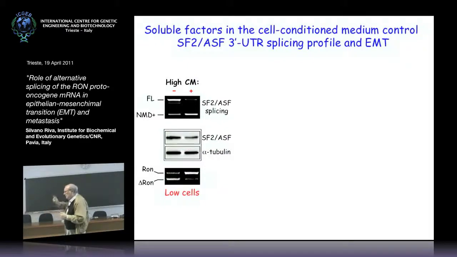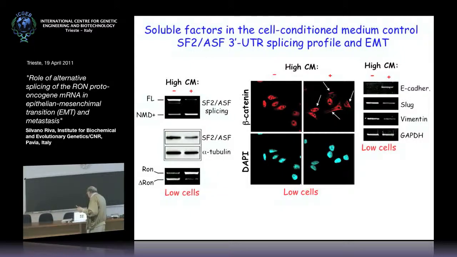That means that what causes the effect is something soluble that is present in the medium and is secreted by the cells. And we will see what it can be. But I want to go ahead.